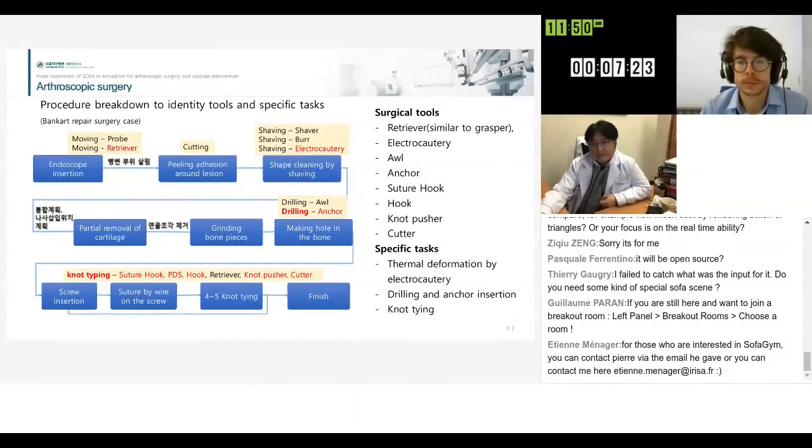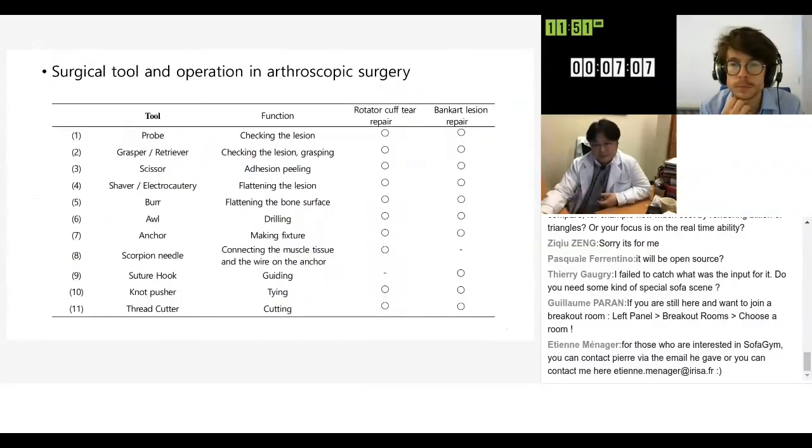In the beginning, we analyzed the surgery procedure itself from the video data provided by the surgeons, and we broke down the specific procedures into small tasks. We identified the tools needed for the simulation and the functions of the tools for the two types of surgeries.